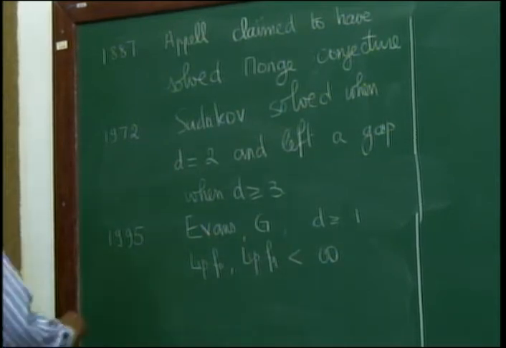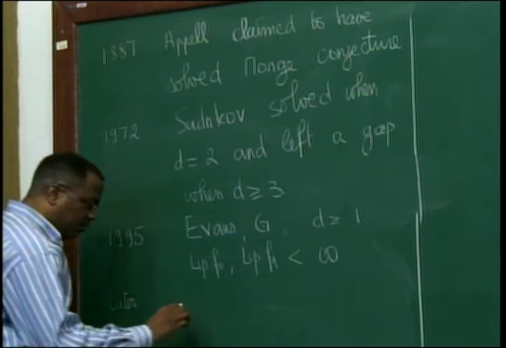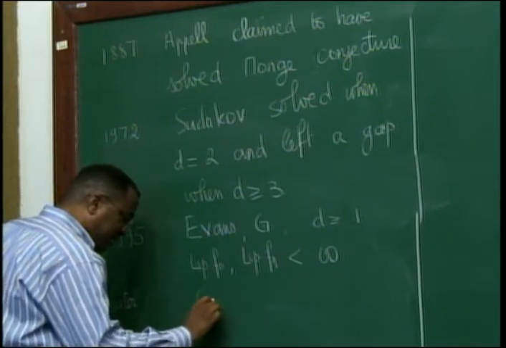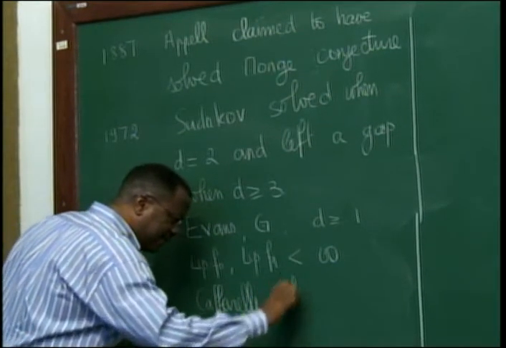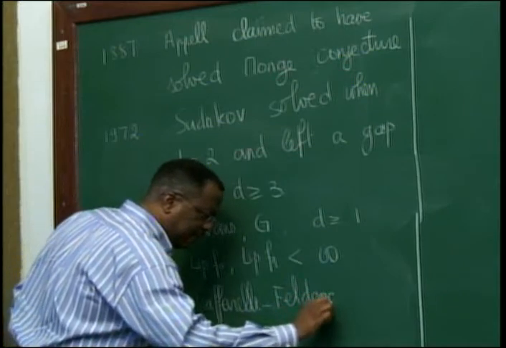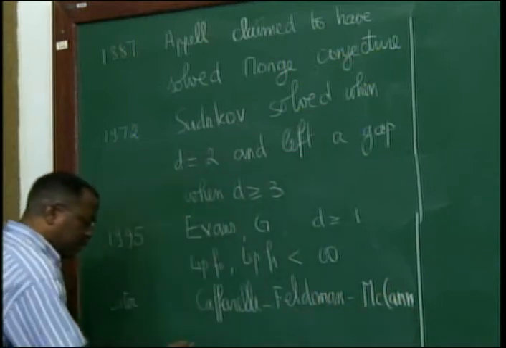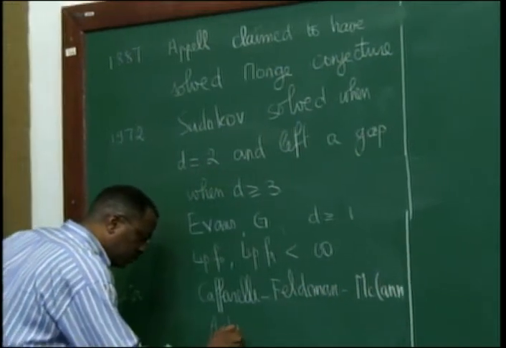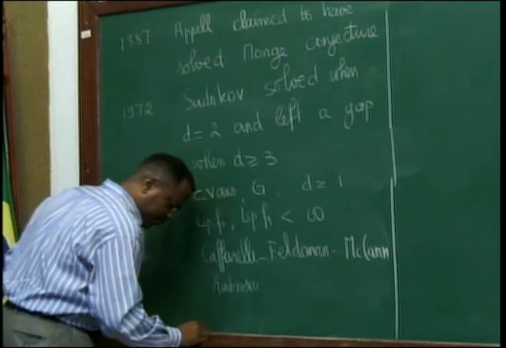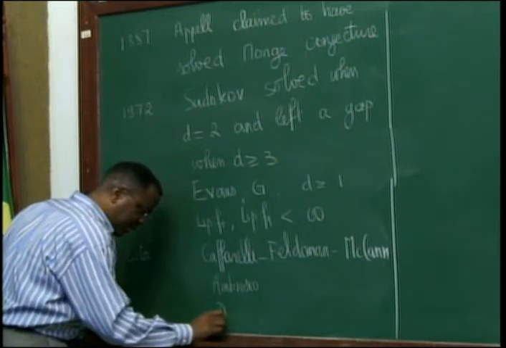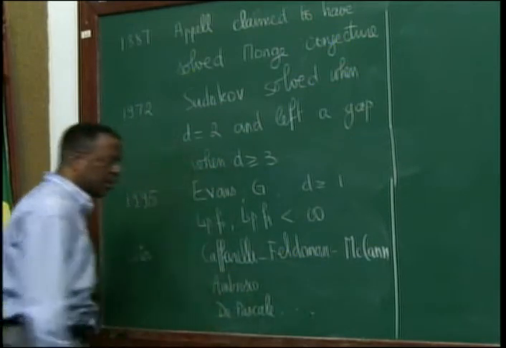So after that, there have been many works. I am going to cite only a few of them. One by Caffarelli, Feldman, McCann, some by Ambrosio, and some by De Pascale, and so on.